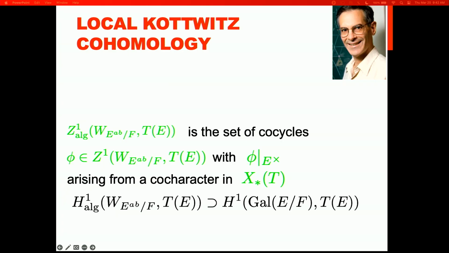So we get what people call the algebraic cohomology of the Weil group of the abelianization of E over F with coefficients in T, and it's a strictly bigger thing than the whole of the Galois cohomology.